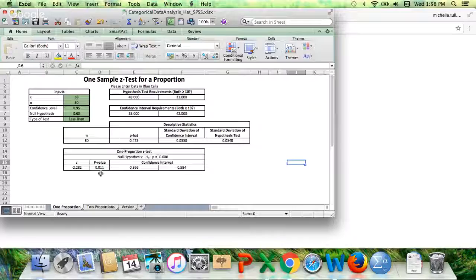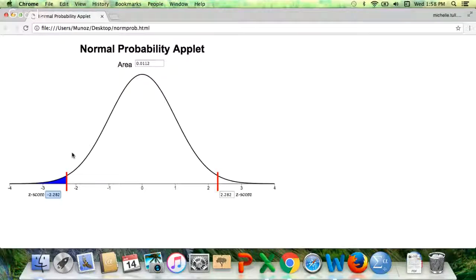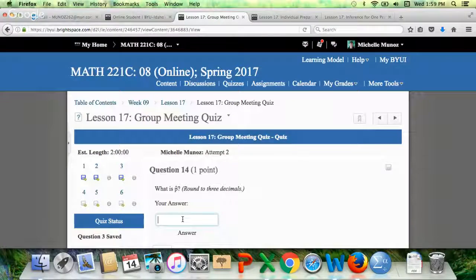And when I plugged it into my applet, when I marked that I just wanted the lower score, it gave me the 0.011 as well. Okay, so number 16 is 0.011. We're going to try those.